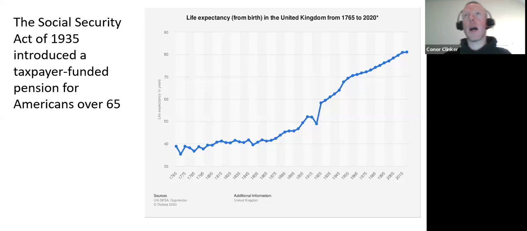That means, on average, the average American would pay into Social Security their whole working life and probably be dead before they can start collecting a check. You see what I'm saying? Now, that might sound really cynical, but it's also a very smart way to construct a system that's going to last a very long time.